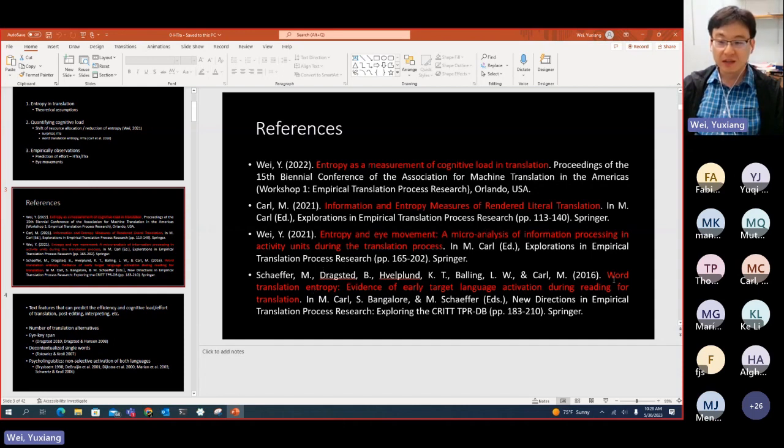Another reference is an earlier book chapter in 2016, which relates word translation entropy to various metrics of effort, and that was interpreted as evidence of early target language activation during reading. So that also sheds light on the horizontal process in translation, which I will elaborate later on.